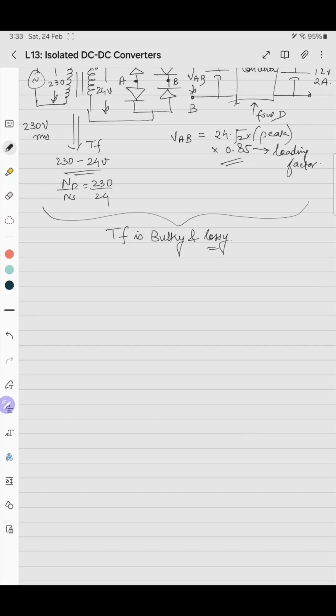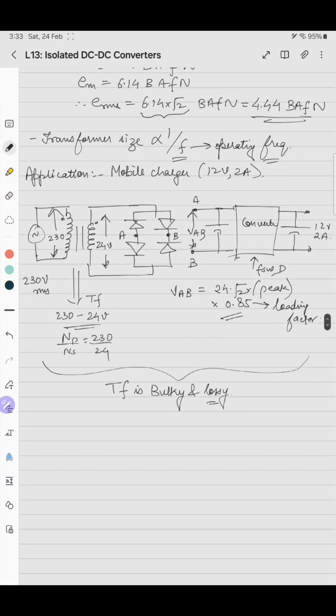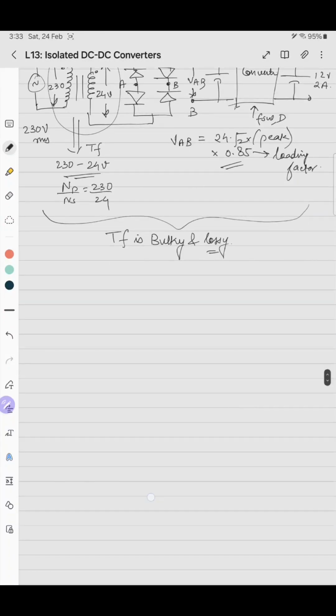To get rid of this, why not incorporate the transformer inside a power converter which operates at switching frequency? The transformer operates at FSW rather than 50 hertz. In this way the size of the transformer will be reduced.